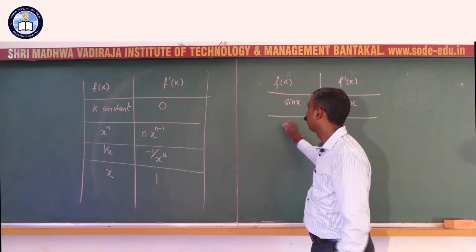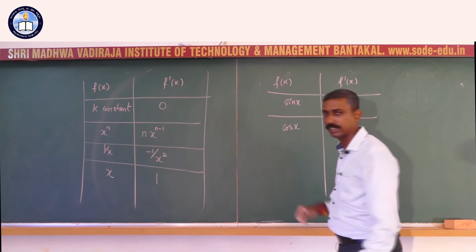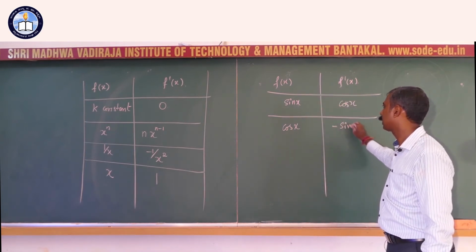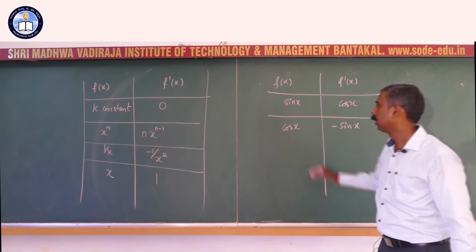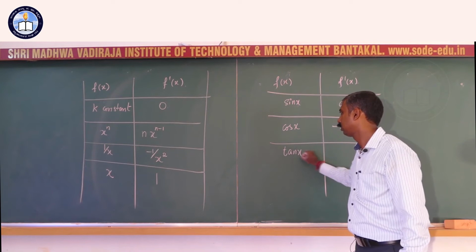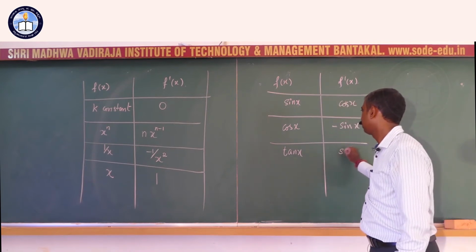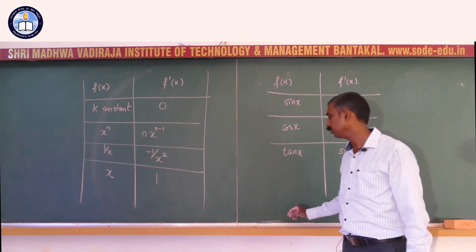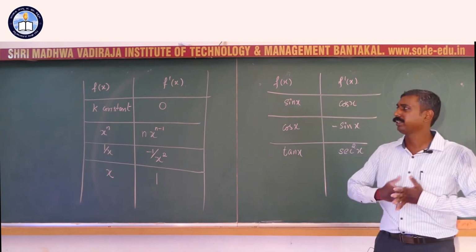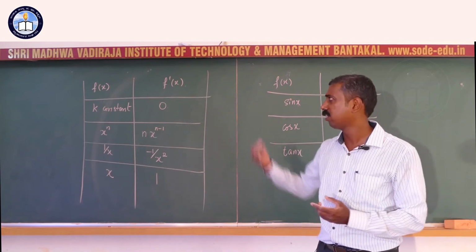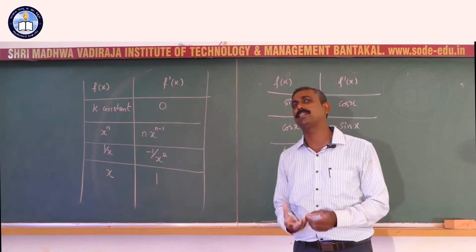Next one, function is cosine x, derivative turns out to be minus sin x, and the third one, tan x, derivative turns out to be secant square x. So this way we studied a little bit of derivatives of standard functions.